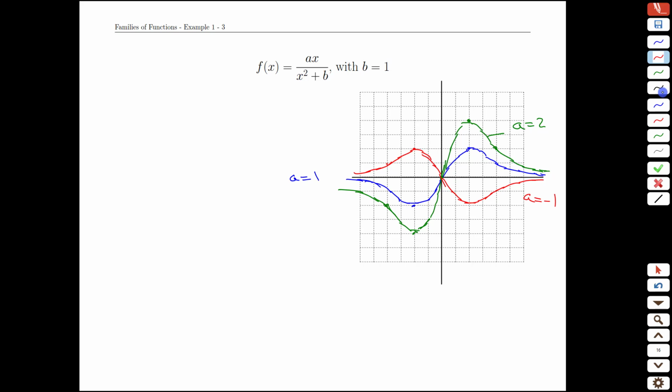And of course, we don't have to use integers. We can also use a equals 1/2. That would scale things down towards the axis. It would flatten things out. And we could get a graph like the black line sketched out there. And again, with that sketch, you get some sense of the idea of what we mean by a family. All these functions have a lot in common, but each has a particular characteristic that makes it different from the other members of the family.